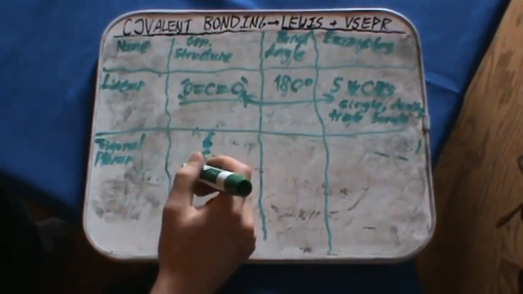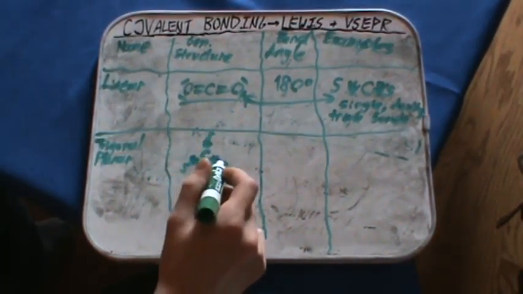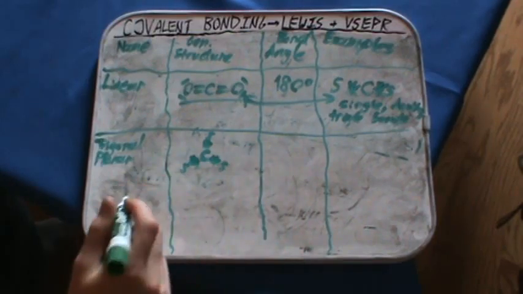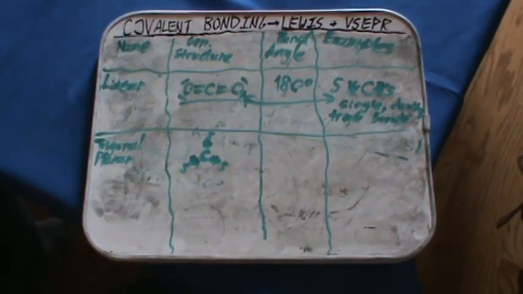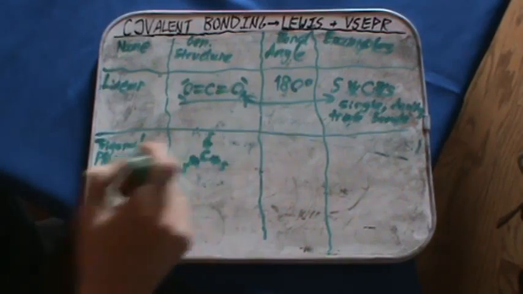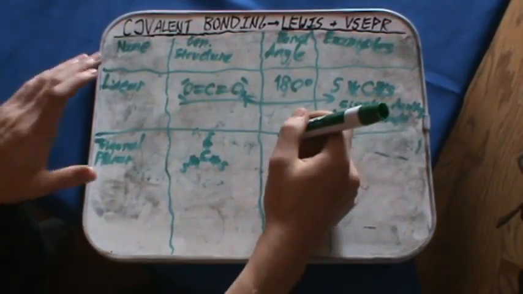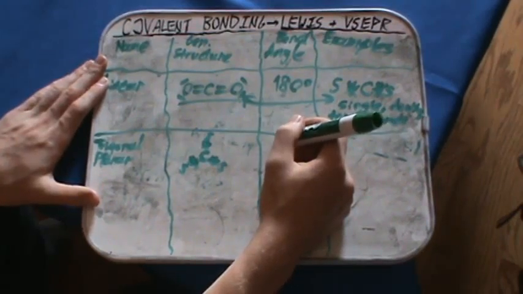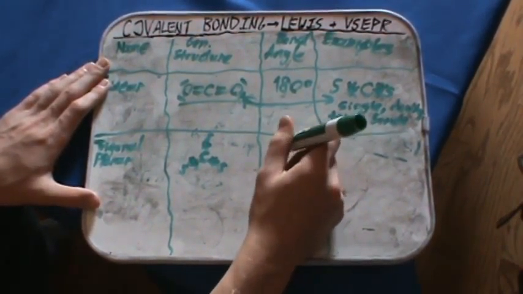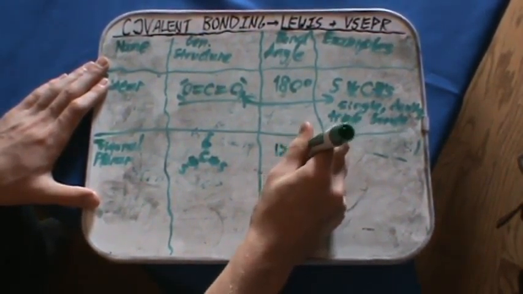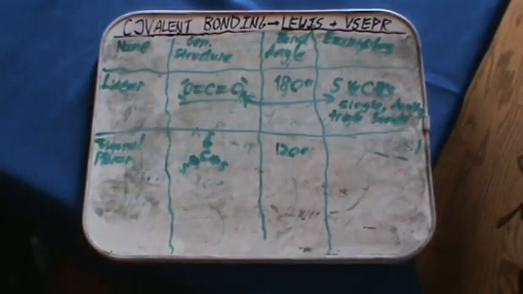I am simply saying that these S's, which represent surrounding atoms, they all have to be bonded in some way to this central atom, but they don't necessarily have to be the same. They're just simply surrounding it. And then this bond angle is 120 degrees.